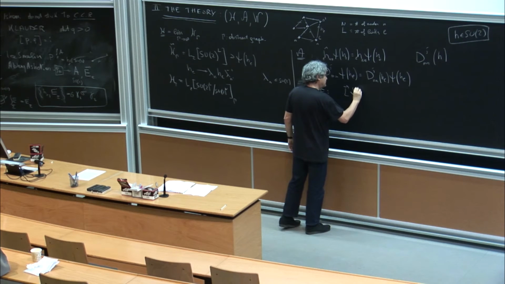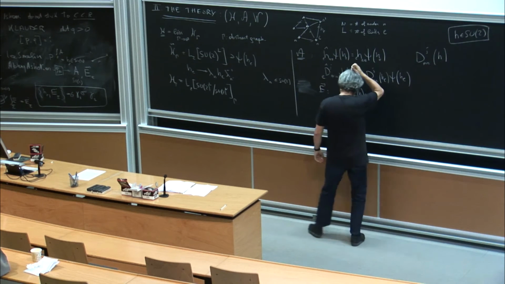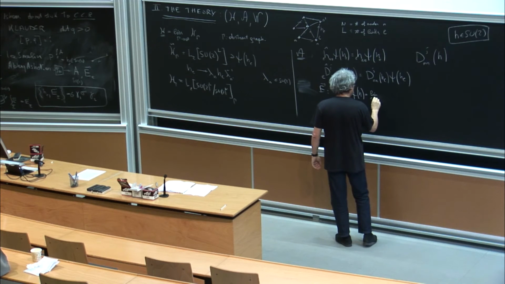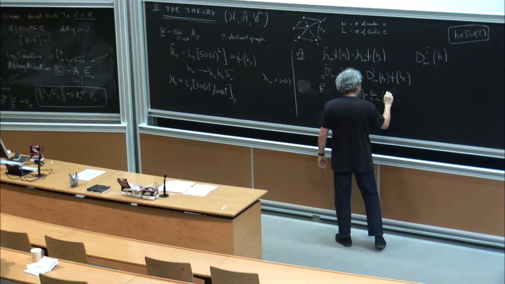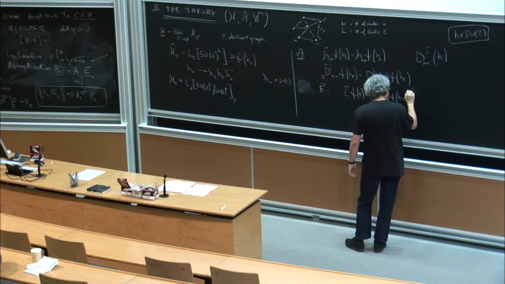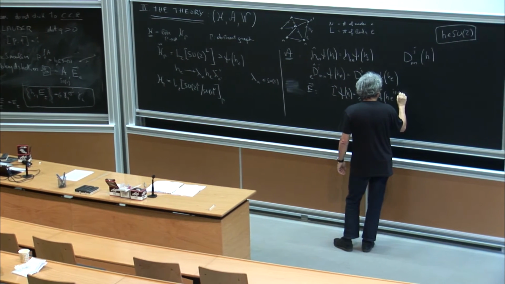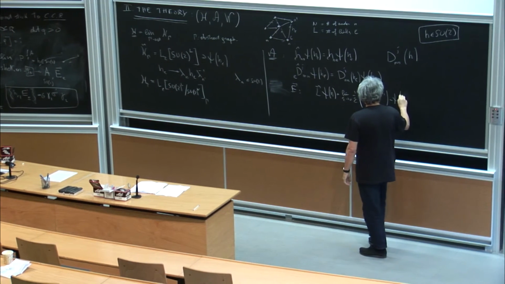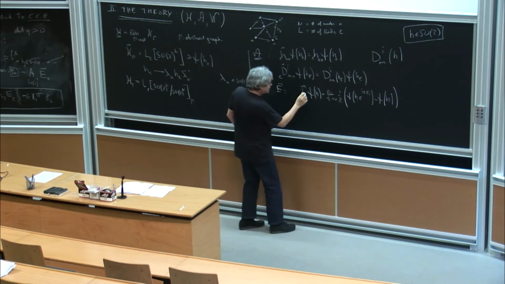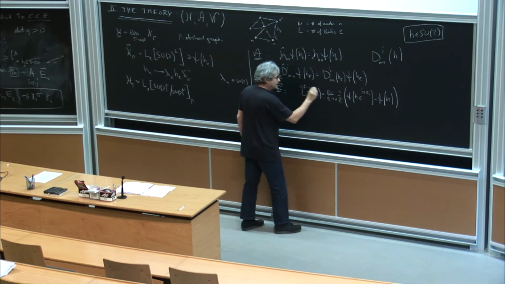L psi of h is the limit, epsilon going to 0, of 1 over epsilon, psi of h e to the I epsilon sigma I minus psi of h, the standard invariant derivative. So we put a little I here and a little I here.